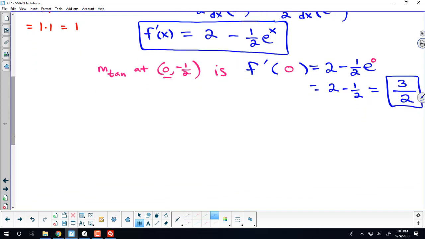Anybody have any questions on what we've done? The equation of the tangent line is y minus the y coordinate equals the slope of the tangent line times x minus the x coordinate.